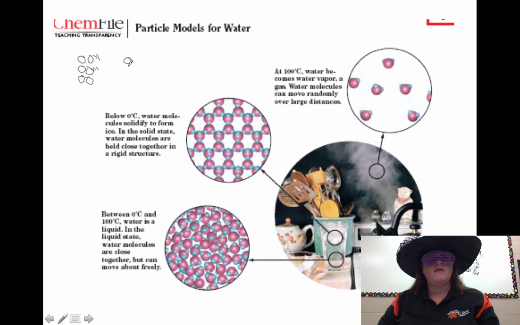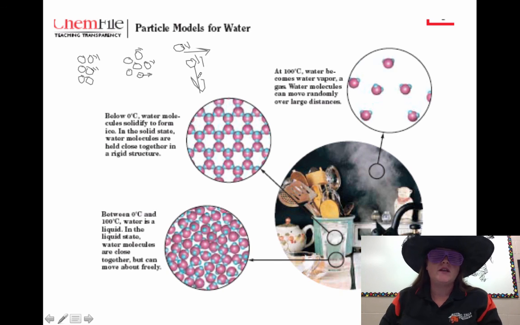And liquids are a little bit further apart, still pretty close together, not showing any pattern, and they can move freely, also wiggling and jiggling. And then a gas is very far apart, wiggling and jiggling pretty violently, and they can move all over the place. So what we said is that in most substances, the solid form is the most dense form of the matter.